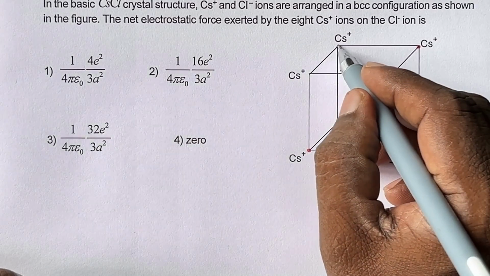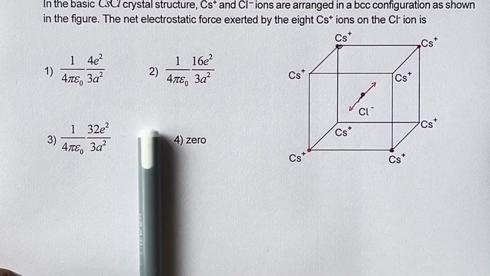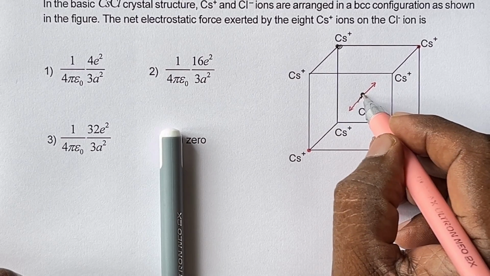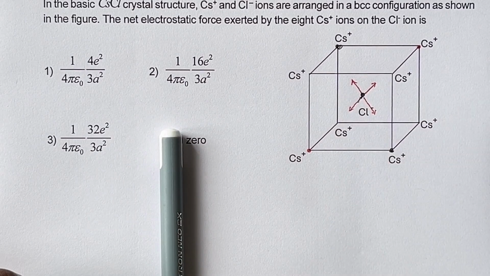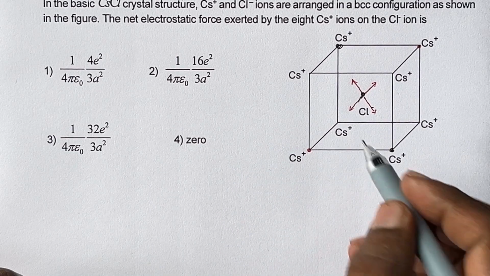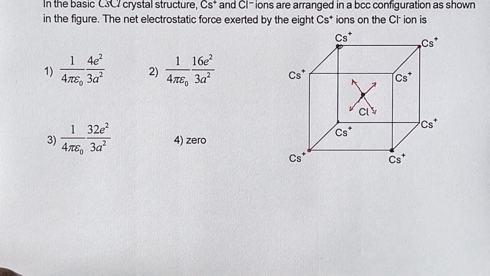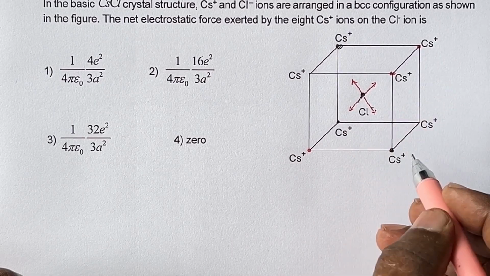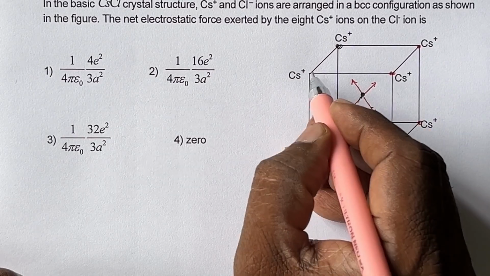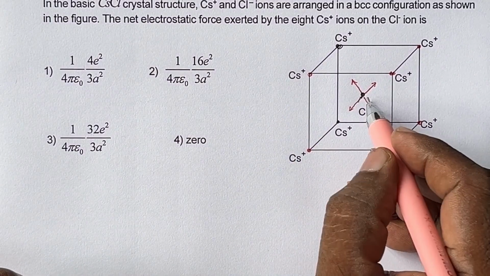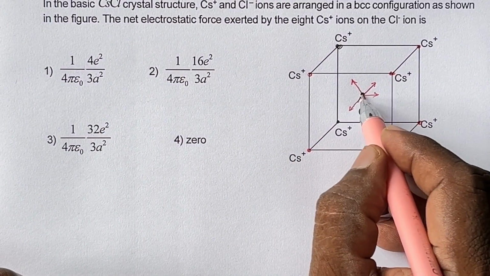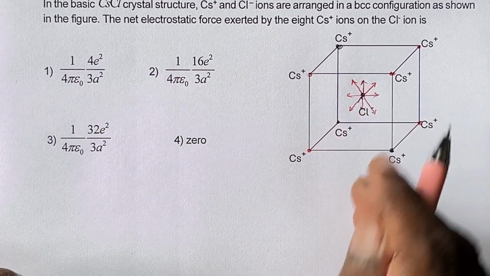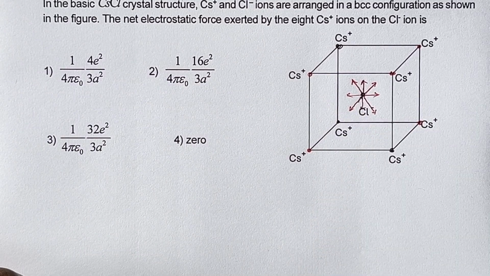Both will attract the central chlorine negative ion towards themselves. Here also this cesium and diagonally this one. So all the Cs plus ions will attract the Cl minus ion at the center equally in all directions.